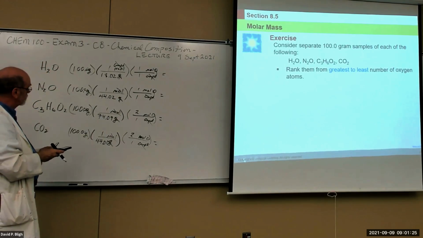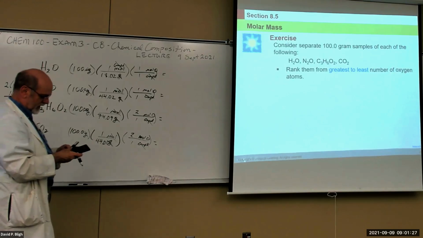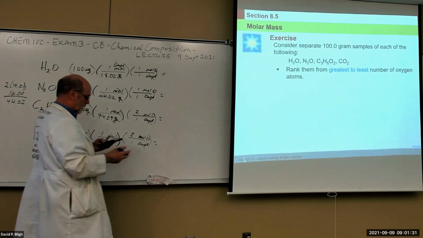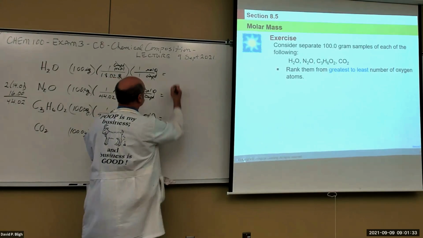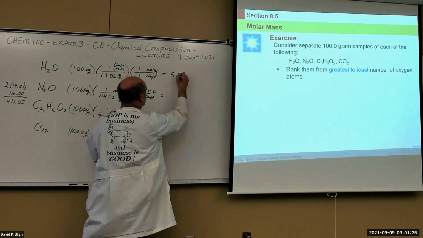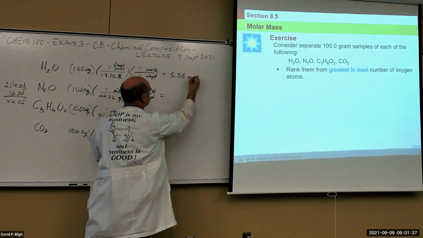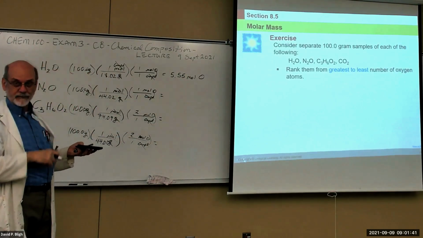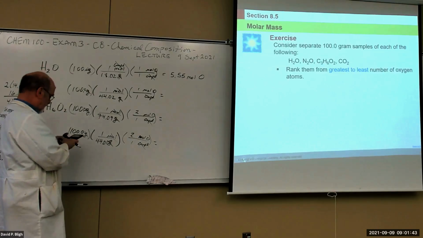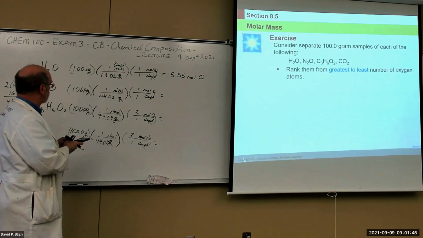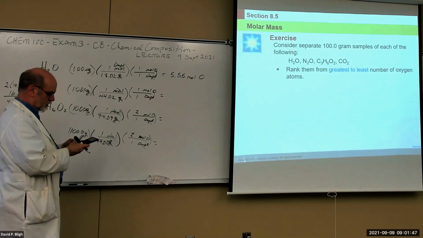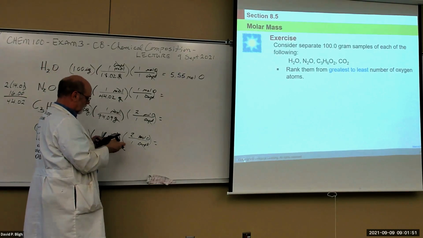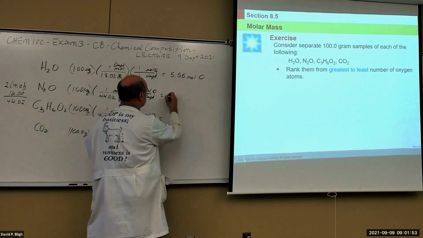100 divided by 18.02 times 1 is 5.55 moles of oxygen in 100 grams of that sample. How about this one? 44.02 divided is 2.27.